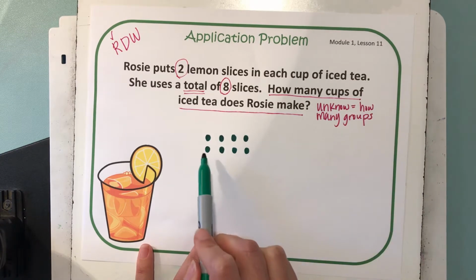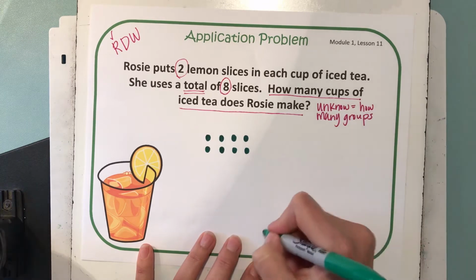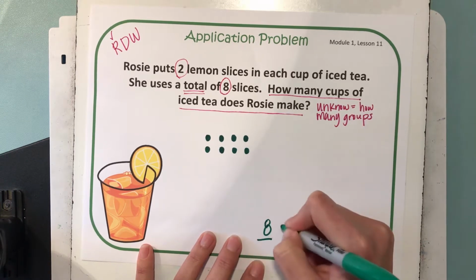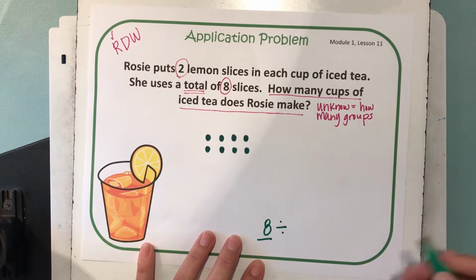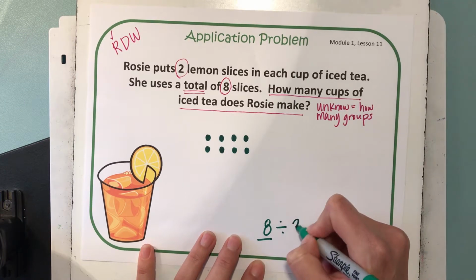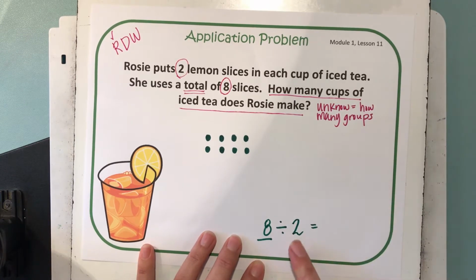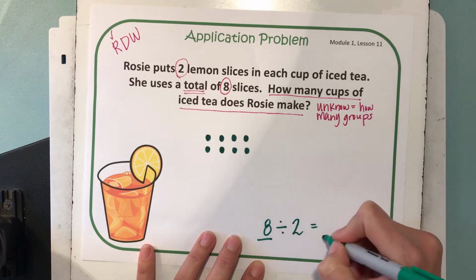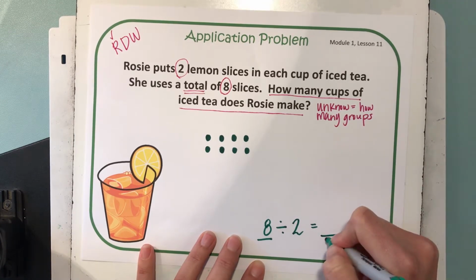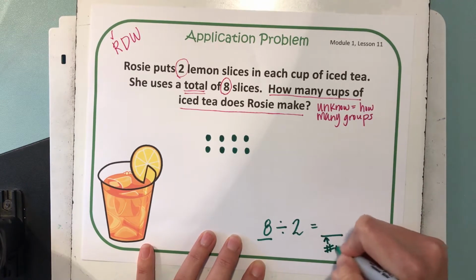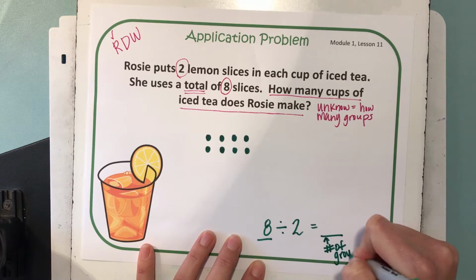So now I have done 8 as a total, right? So 8 is my total, that always goes first in division. Divided by 2, which is the number of slices in each group, but I need to find what the number of groups are, or the number of cups.